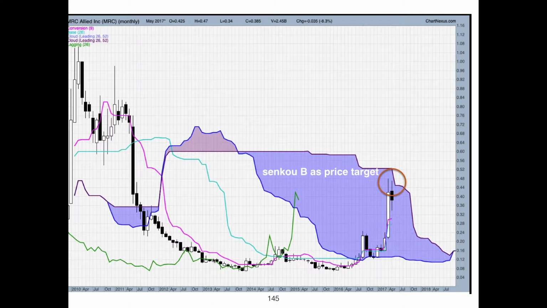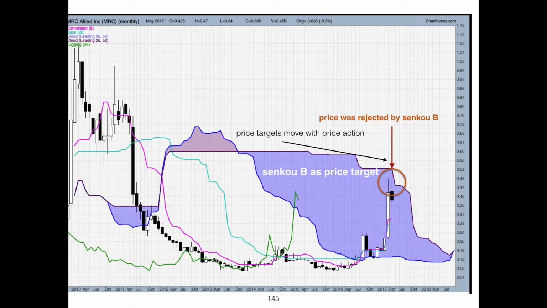When price hit Senkou B at 48, it dropped back down. The Senkou B was moving downward as price moved up. The area where the price hit the Senkou B is your strong resistance and is therefore your price target.